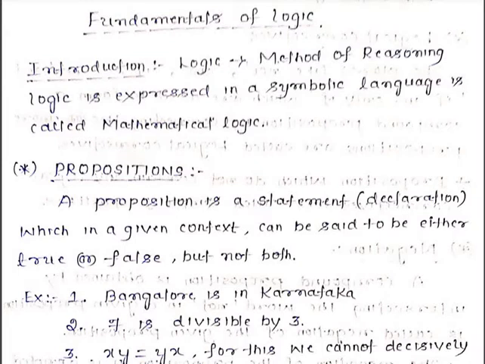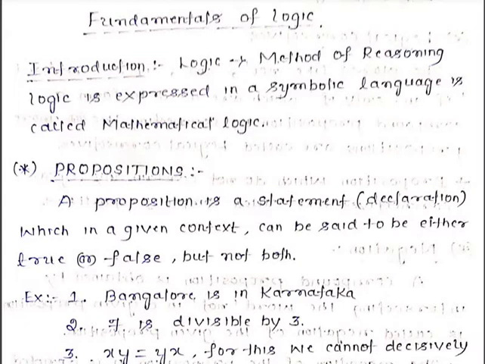Next: xy is equal to yx. In this case, if the values of x and y are provided, we can tell whether it is a true proposition or a false proposition. However, here we don't know the values of x and y.